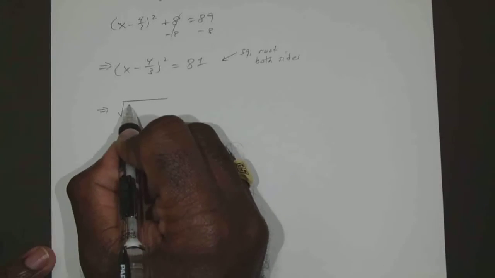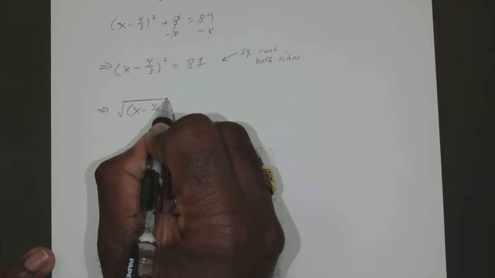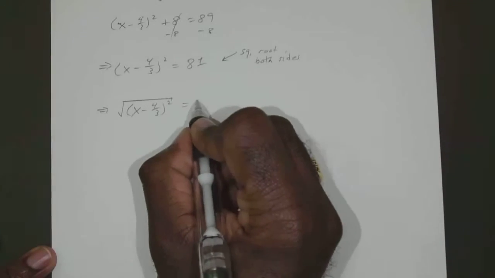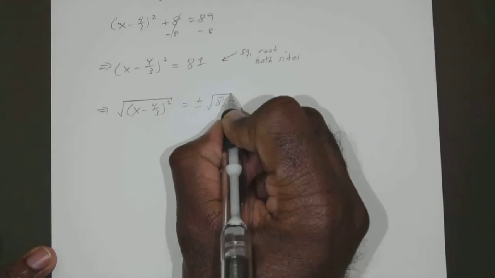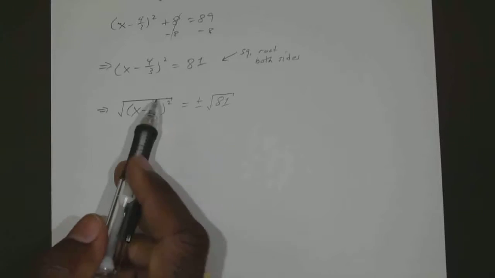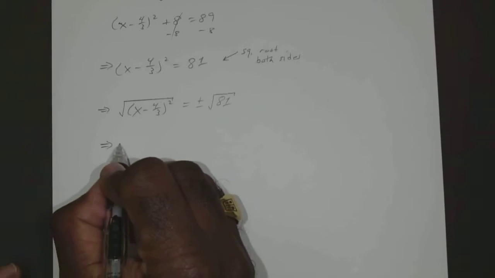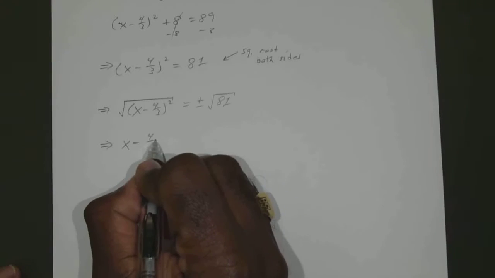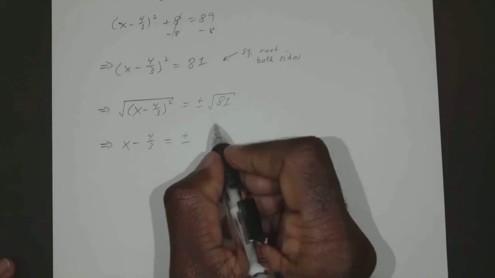Okay, so we have the square root of (x minus 4 over 3) squared equals plus or minus the square root of 81. Okay, the square and the square root cancel each other out. So that's x minus 4 over 3 equals plus or minus square root of 81.